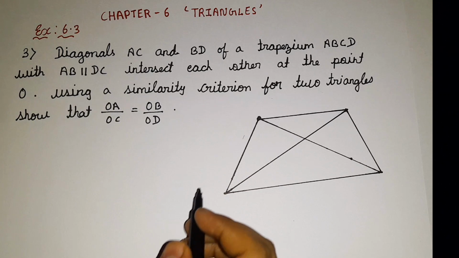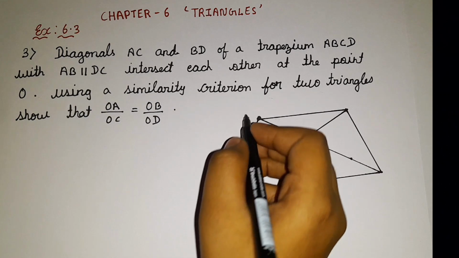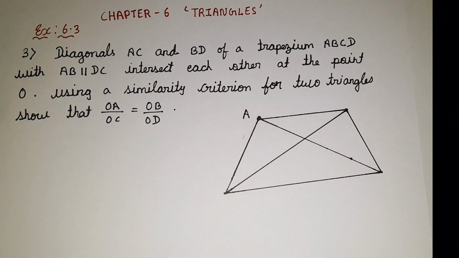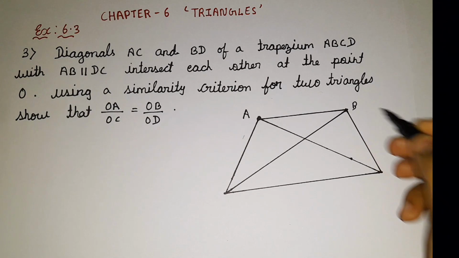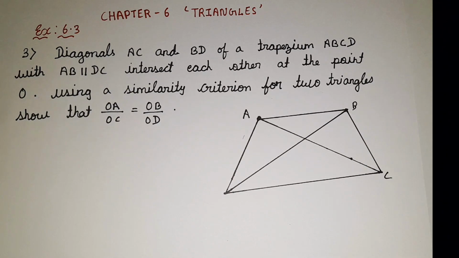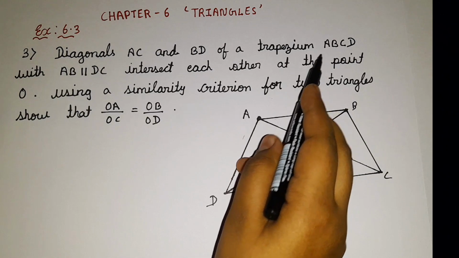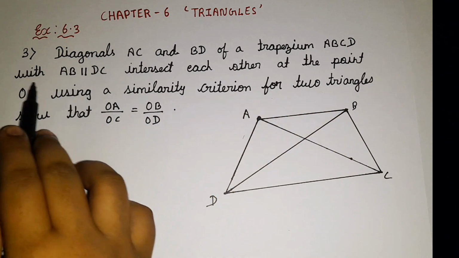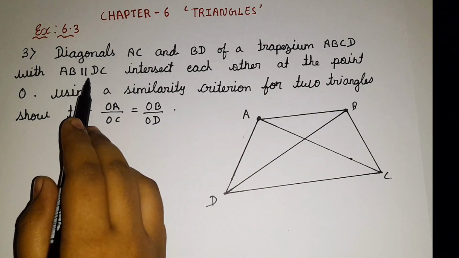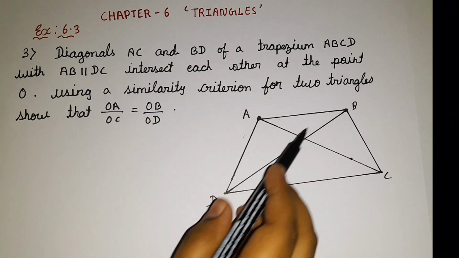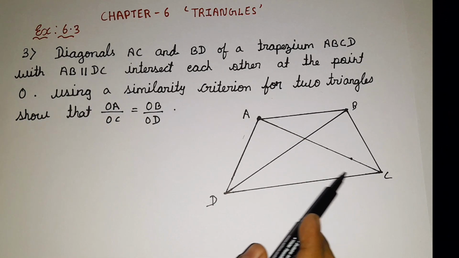Now we shall name it A, B, C, D. Why can't I just name it PQRS? Because according to the question we are supposed to name it ABCD, in which AB is parallel to DC. Where is AB? This AB is parallel to DC.